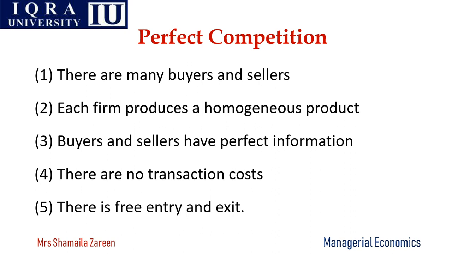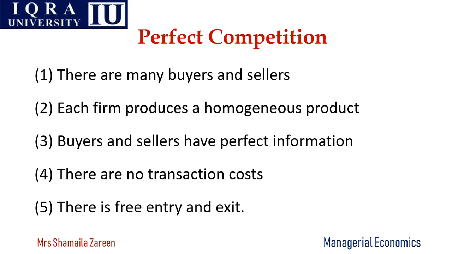Taken together, the first four assumptions imply that no single firm can influence the price of the product. The fact that there are many small firms each selling an identical product means that consumers view the products of all firms in the market as perfect substitutes.